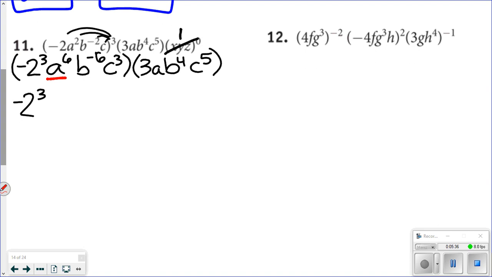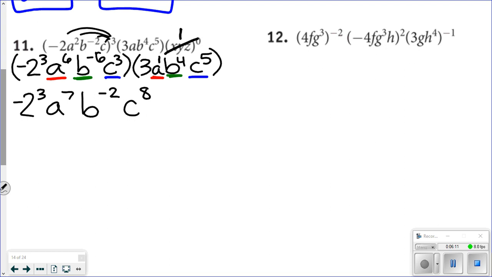So because this is a multiplication problem, we are going to keep the base and add the exponents. So keep your a. 6 plus 1 is 7. B, negative 6 plus 4 is negative 2. C, 3 plus 5 is 8.